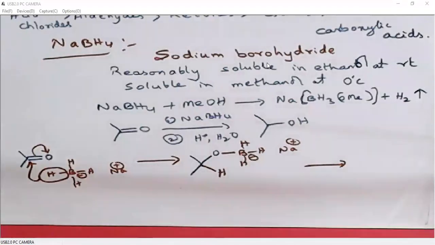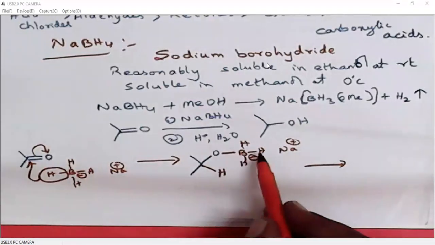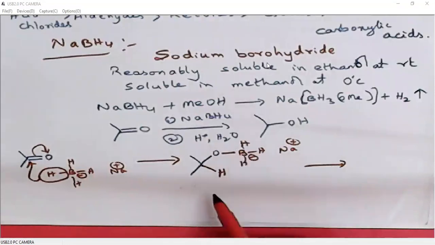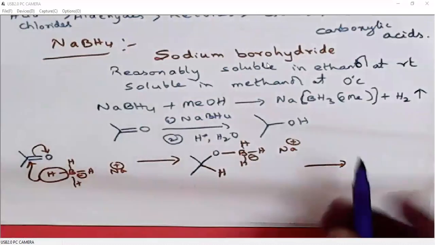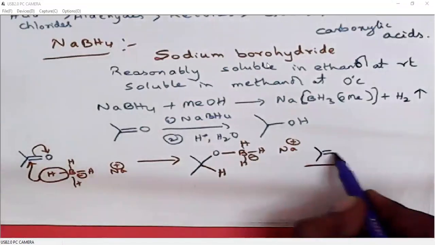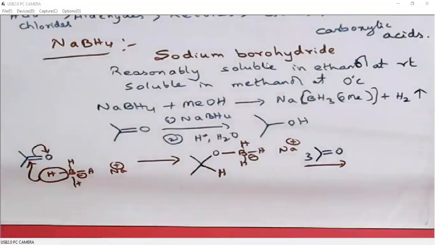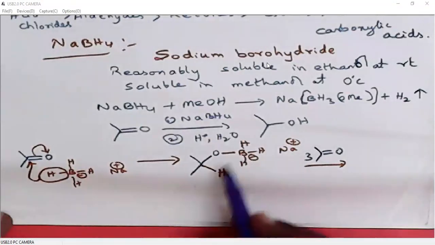Similarly, there are three more hydride ions on boron, so we can add three more carbonyl compounds, generating what is called a borate ester.